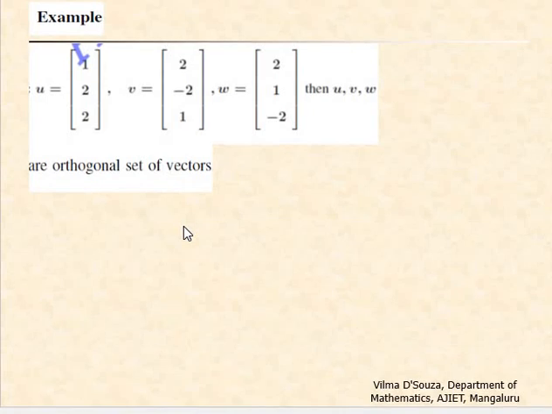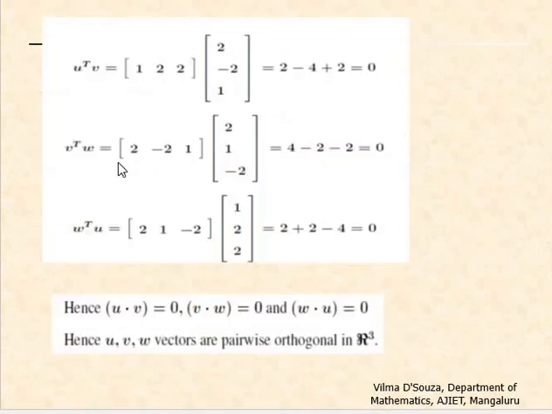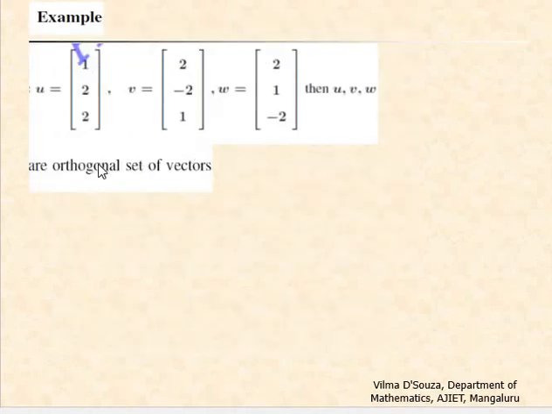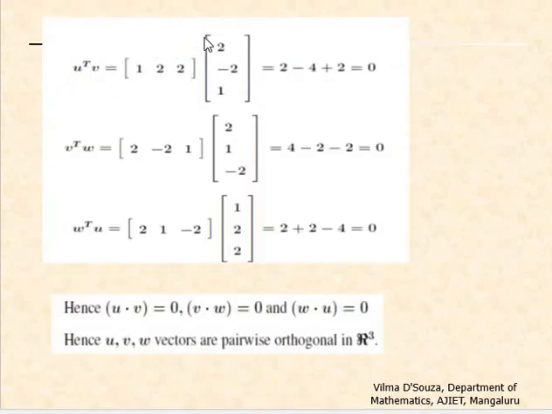So we will verify that. What is u transpose v? It's very easy to find. u transpose is the row vector 1, 2, 2. u transpose into v, find the product: 2 minus 4 plus 2, that is 0.